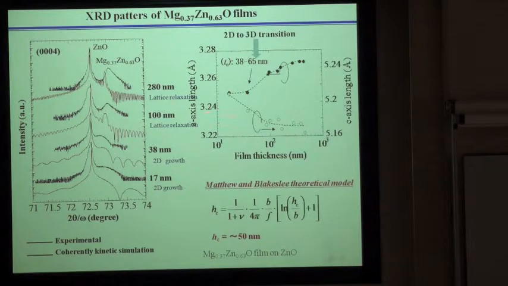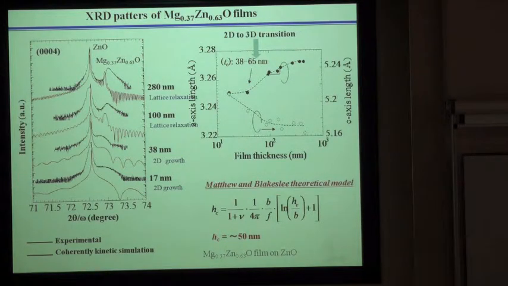And in summary, with changing the thickness of the films, in the case of magnesium, 3.7%, 37% replacement, around here is the threshold to change the growth mode.